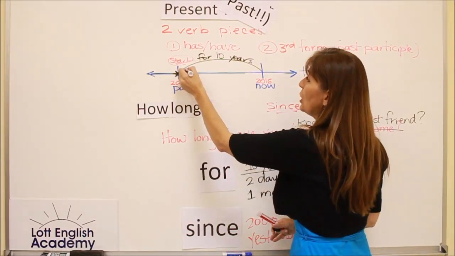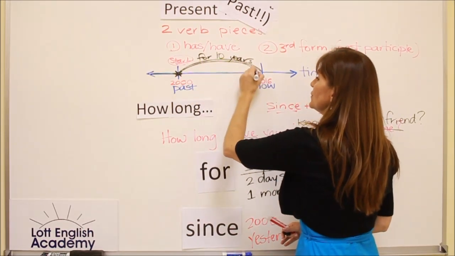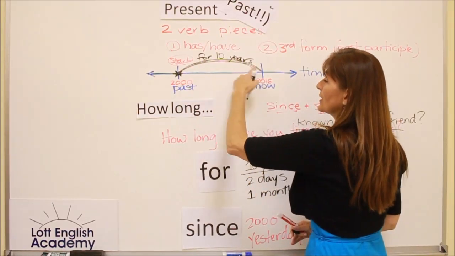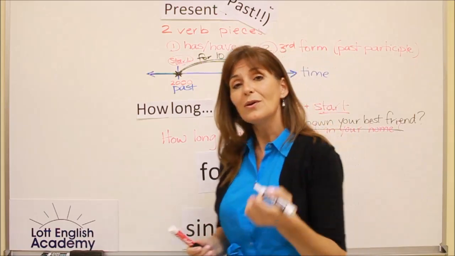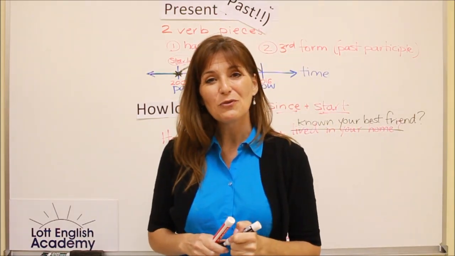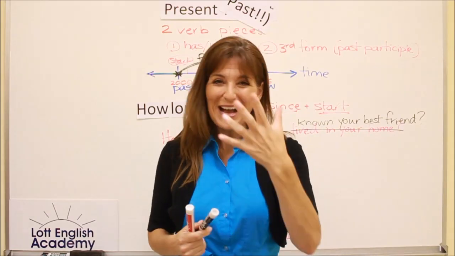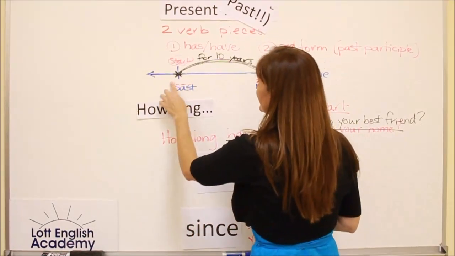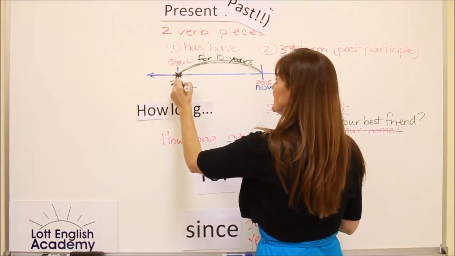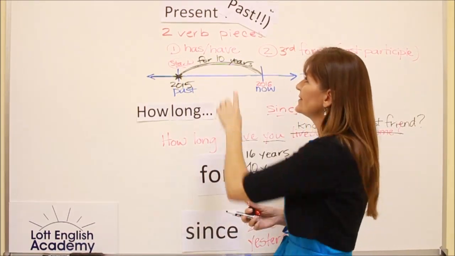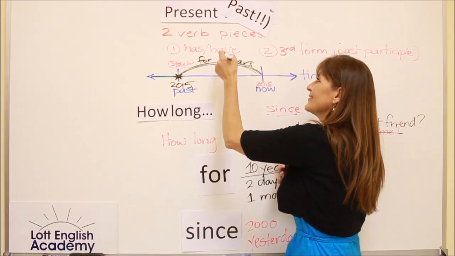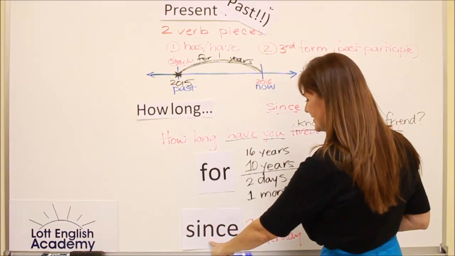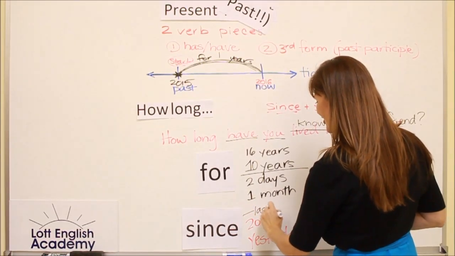If you want to tell how long the period is, you use the word for. So how long have you known your best friend? For 1 year? For 5 years? If you met your best friend last year, you could say, I have known my best friend for 1 year. Or you could say, I have known my best friend since last year.